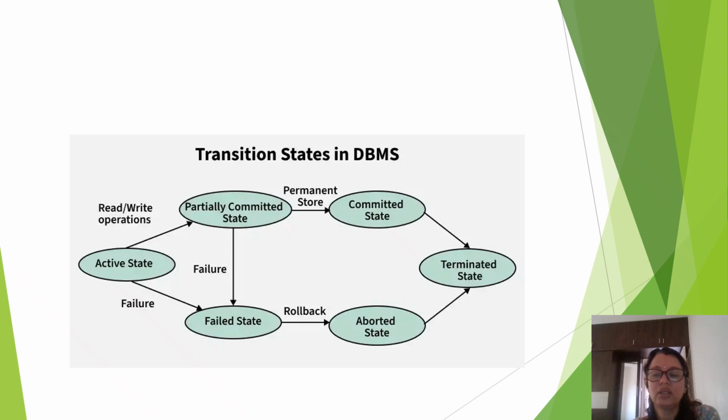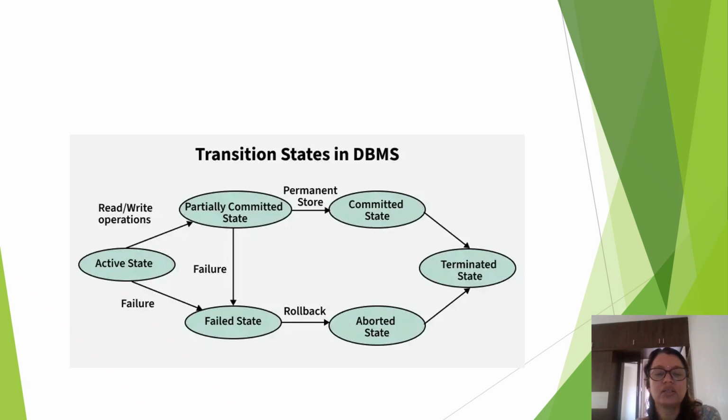In the active state, it can do either a read operation or a write operation. It can read the data, it can write the data, it can do an update or delete operation. Then it will reach the partially committed state. What is the partially committed state? When the transaction is executing, it is not completed fully, and it is not yet stored permanently in the database.